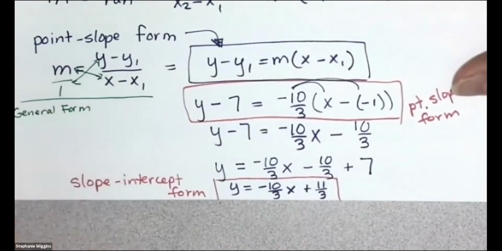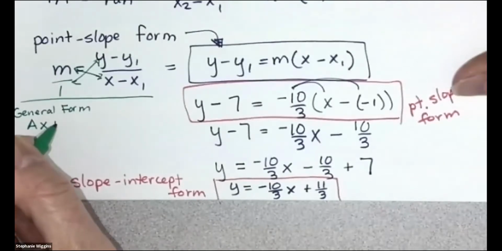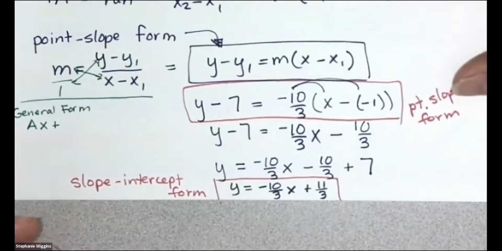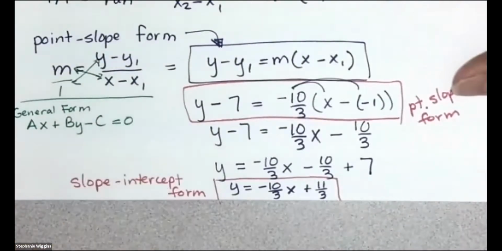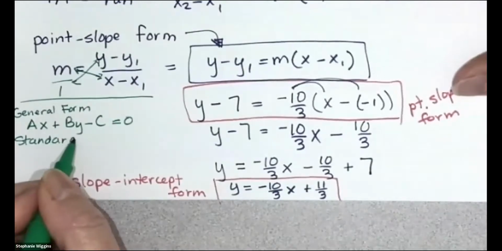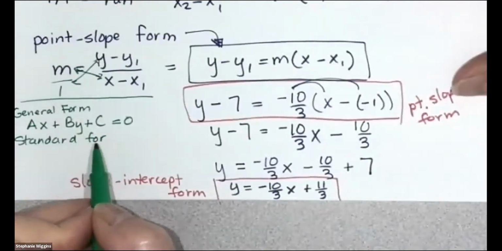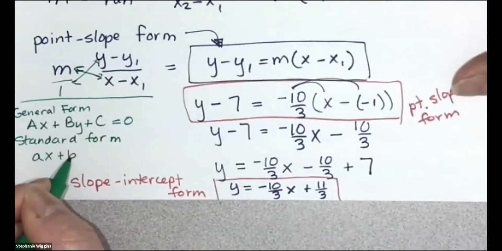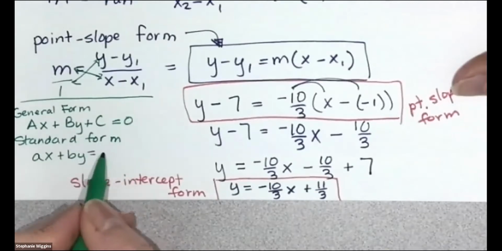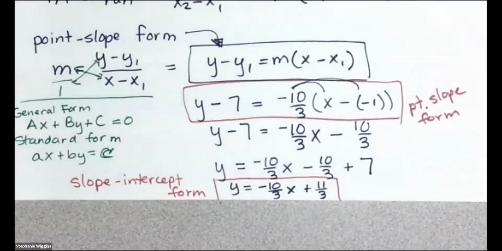If they want it in general form, you're going to push everything over to one side of the equation, so you're going to have some constant a times x plus by plus c equals 0. If you put it in standard form, you would have something like ax plus by, but your constant would be left over on the other side. Okay? So those are the other forms.